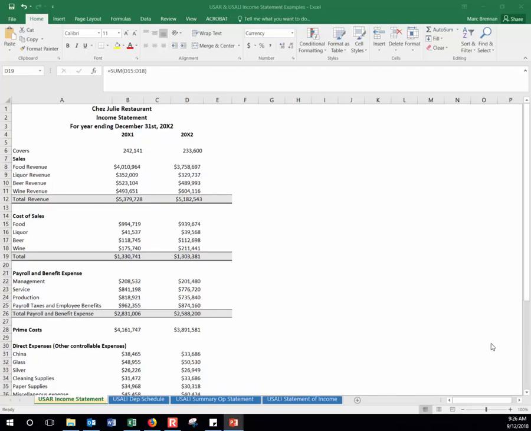So at this point, I would like you to go to your Excel, USAR, and UCLE income statement example, and we'll perform a couple of common size analyses. We're going to start with our USAR income statement. As stated, we'll switch this to percentage by using the percentage key.